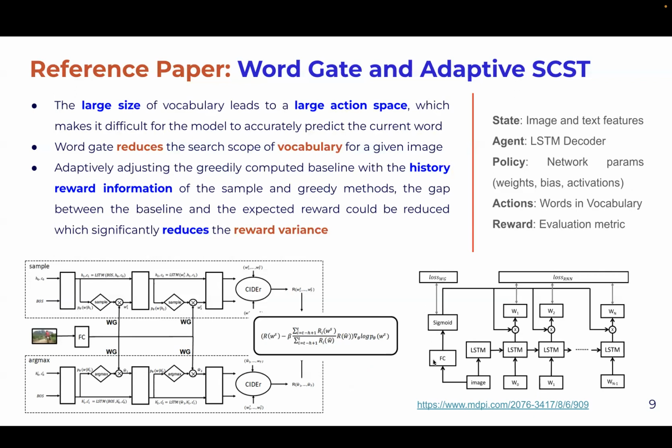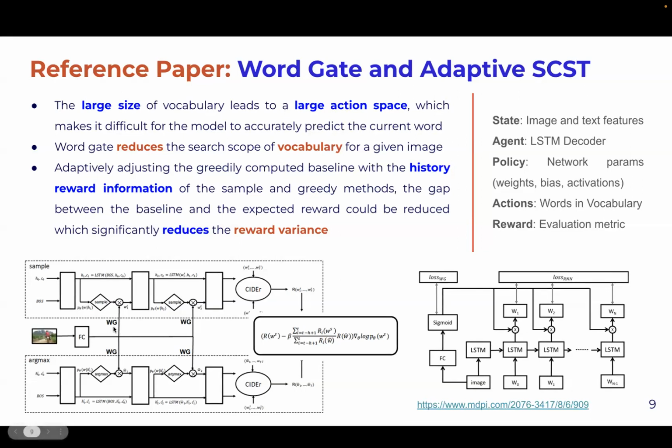After it learns this in the additional layer, I multiply this with the log probabilities that we get at each and every time step. So the log probabilities we get for all those 10,000 words in the vocabulary get multiplied with the word gate outputs.